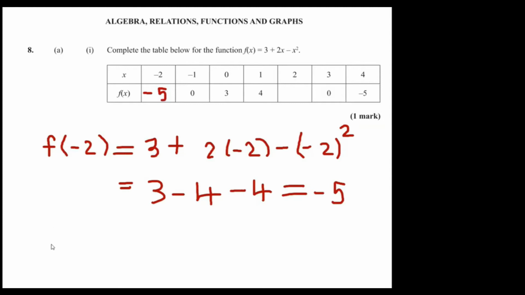Now we need f of 2. When we plug in 2, f of 2 is going to be equal to 3 plus 2 times 2, which is 4, minus 2 squared, and that's minus 4.